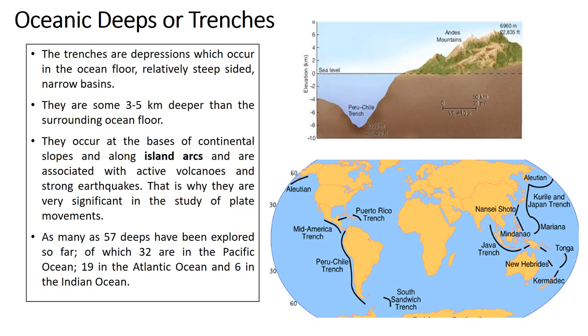This is the continental plate and this is the oceanic plate. Oceanic plates are always heavier. That is why they mostly get subducted. So that depression which is formed as a result of the subduction of two plates is known as a trench. You have various trenches distributed all over the world.